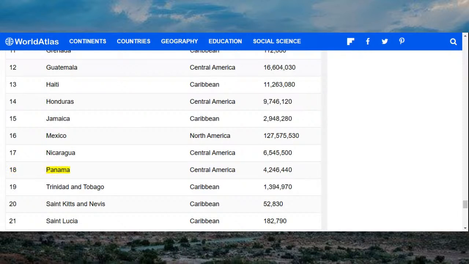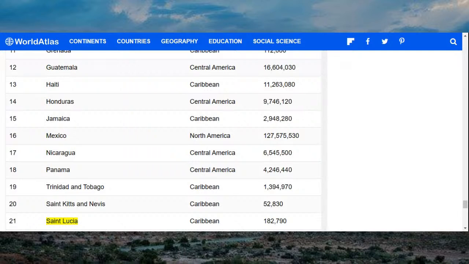Panama, Central America, 4,246,440. 19. Trinidad and Tobago, Caribbean, 1,394,970. 20. Saint Kitts and Nevis, Caribbean, 52,830. 21.